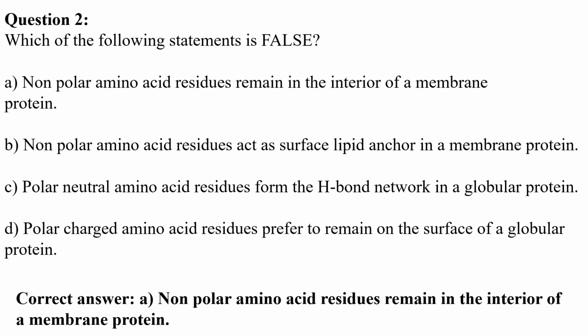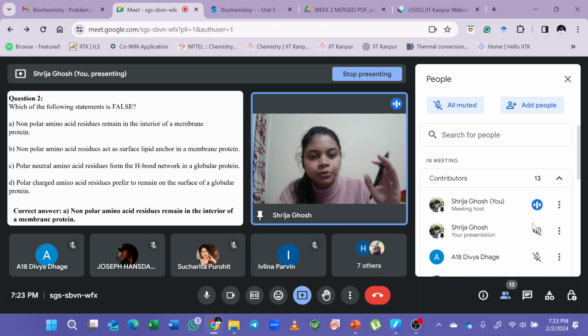Since they are polar, they are hydrophilic, they can form hydrogen bonds. Last option is polar charged amino acid residues prefer to remain on the surface of the globular protein. Again, polar amino acids are hydrophilic, so they will be on the surface of the globular protein.